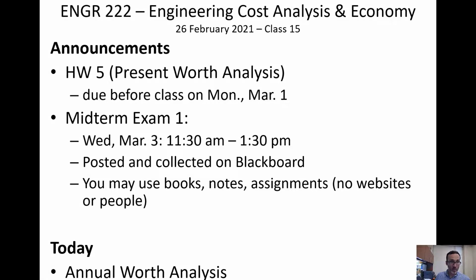where we've been talking about present worth analysis, future worth analysis, and now we're going to discuss annual worth analysis. The decision criteria that we're applying is the standard that tells us whether to choose one option or the other. And we've had decision criteria for the other analyses that we've done previously.